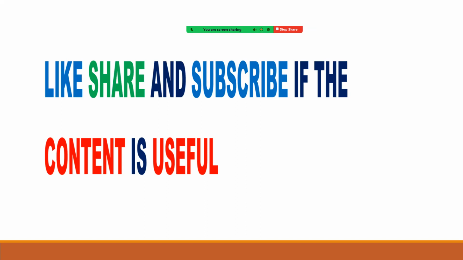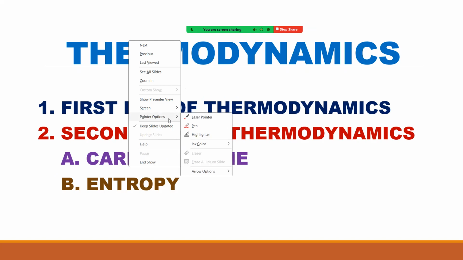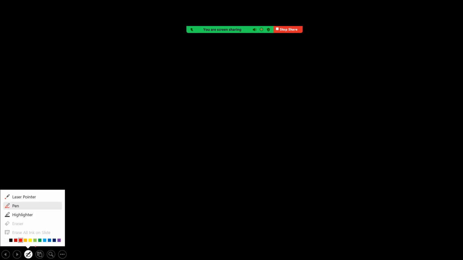In the last lecture, we have discussed first law, and in that we have discussed isothermal process and adiabatic process. Let us now continue. So next one, let us take isobaric process.